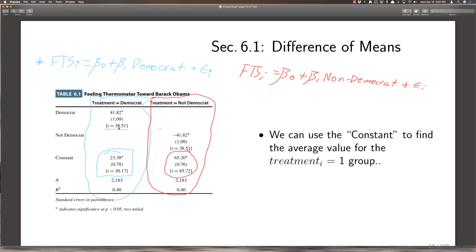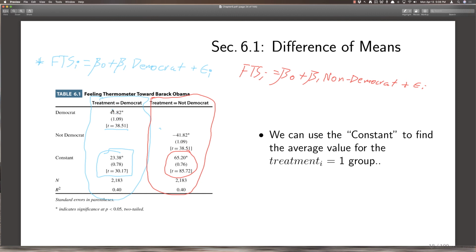T is way, way, way bigger than 2. We can strongly reject the null hypothesis that the feeling thermometer score for the 1 category, Democrats, and the 0 category, non-Democrats, is the same. Beta 1 hat is statistically significant.